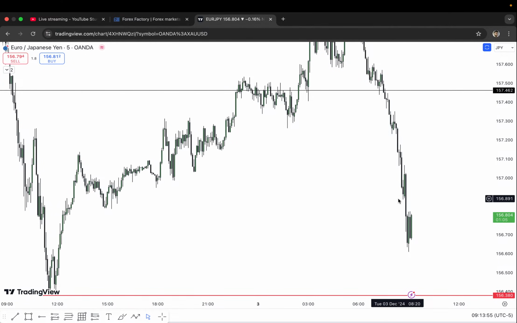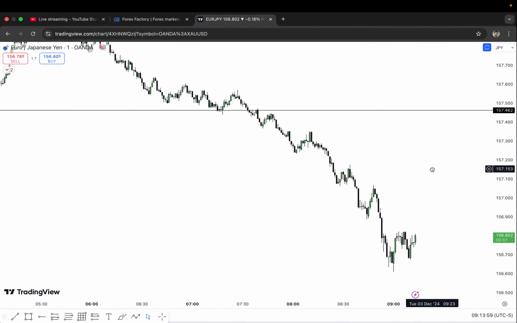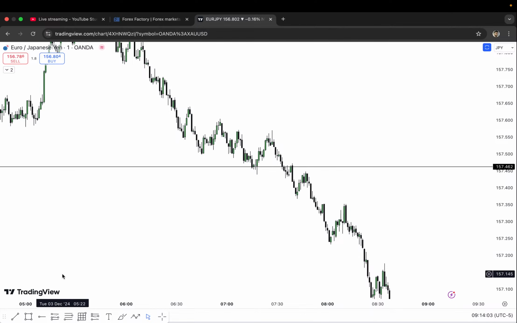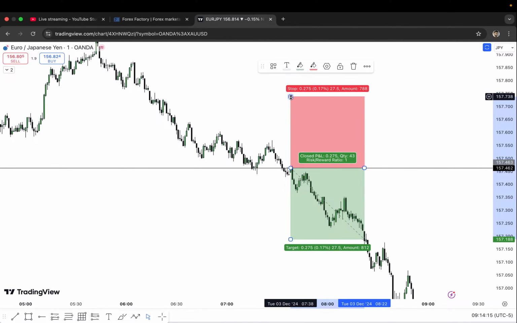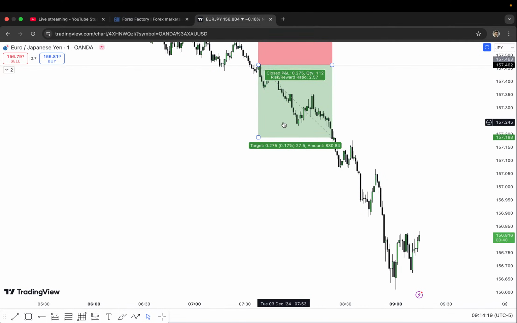So you took entry on 1 minute on Euro Yen. Then bro, you have nailed it, you have nailed it from here. 157.6462. Maybe here also if you would have entered, even if you protect the swing high, you are still getting more than that.